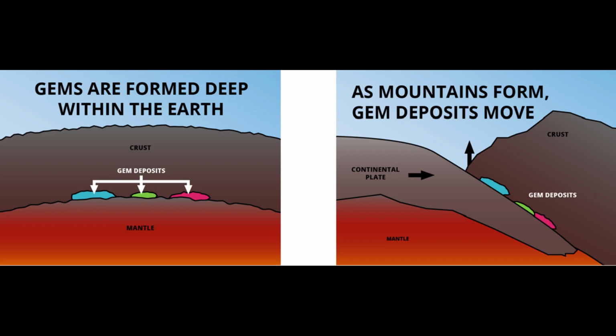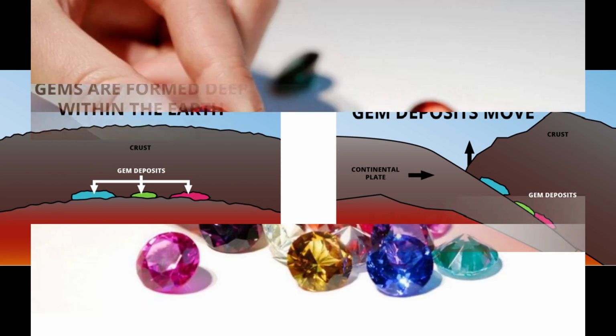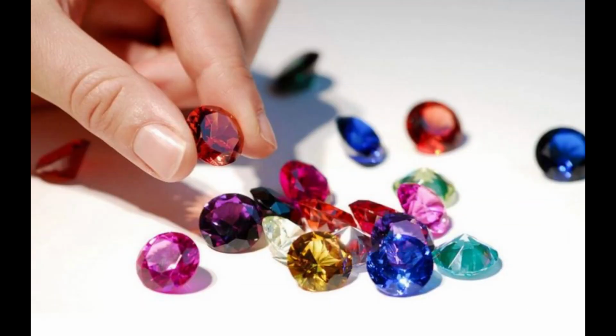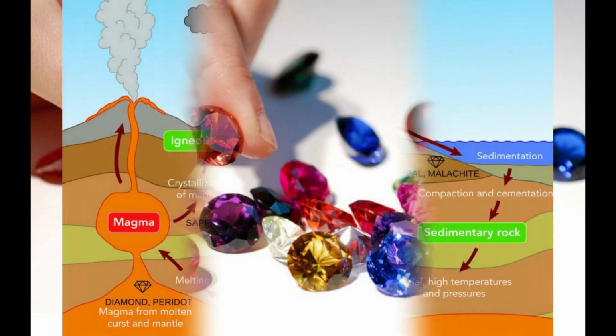So in conclusion, gemstones are precious and semi-precious stones that are highly valued for their beauty, rarity and durability. They are typically cut and polished to enhance their appearance and are used in jewelry, decorative objects, and various forms of art. Gemstones come in a wide variety of colors, shapes, and sizes and are formed from minerals or organic materials.